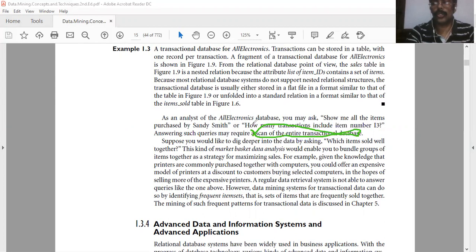So to answer some queries, we need to scan the entire transactional database.